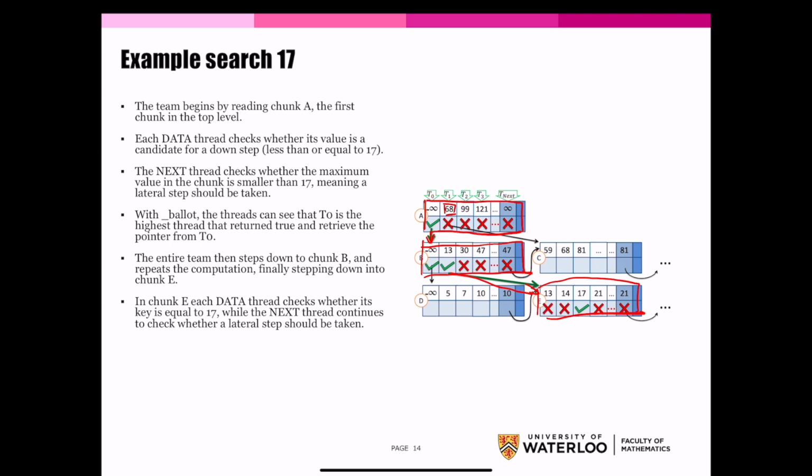Note that it's just one single instruction, while the next thread continues to check whether a lateral step should be taken. The ballot operation shows that T2 sees key 17, and the team concludes the operation with a true indication.